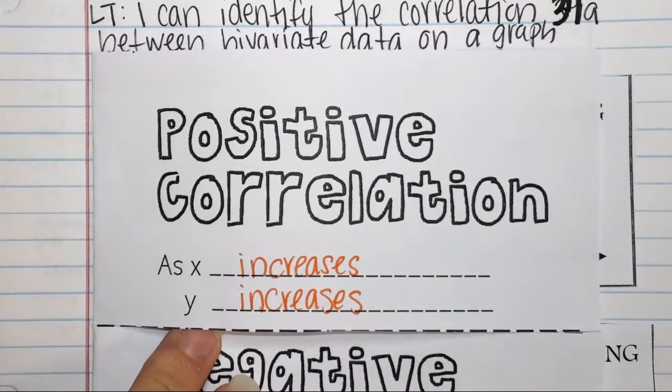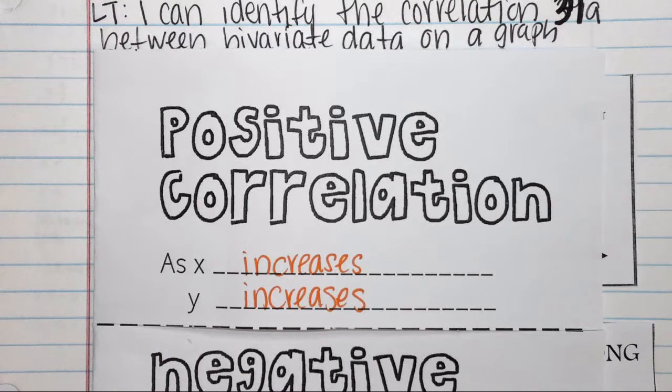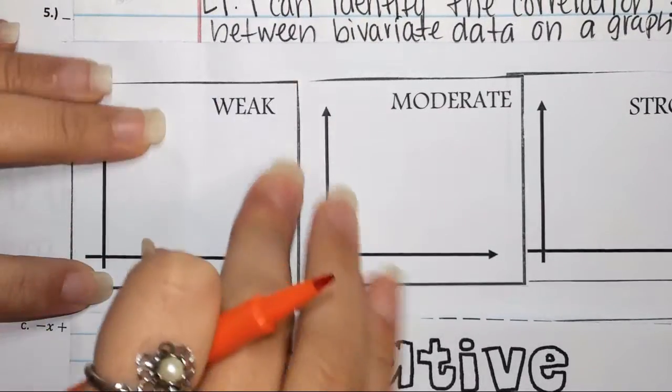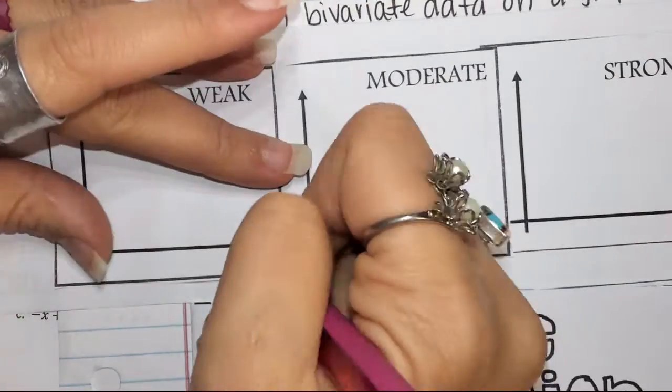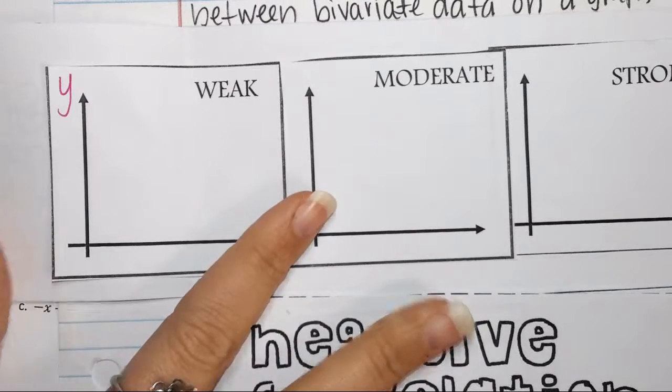Okay, any questions so far? Yes, no, maybe so? Okay, so let's open our Flappy and talk about what that's going to look like. So a weak positive correlation, you have your x-axis and your y-axis.